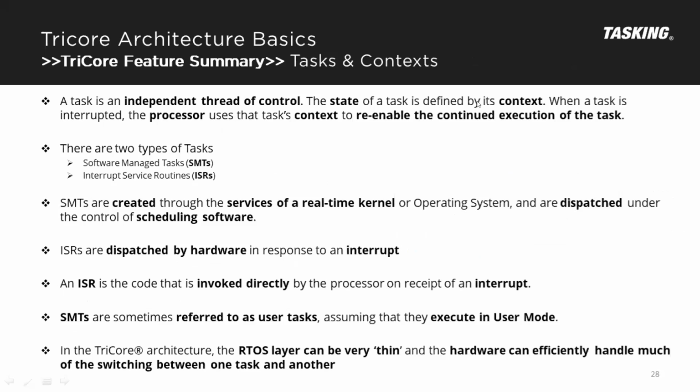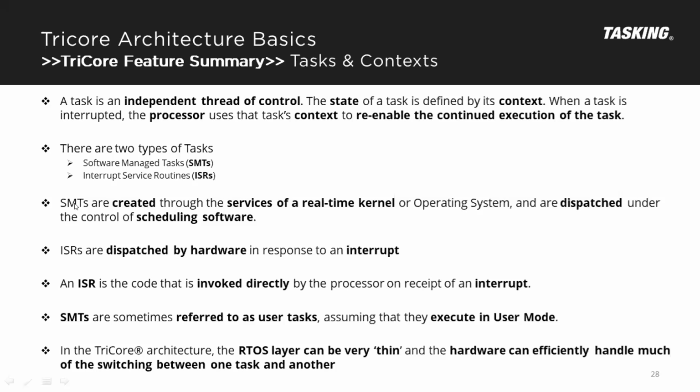The processor needs this context in order to re-enable the execution of a certain task. There are two categories of tasks: SMTs and ISRs. SMTs stand for software managed tasks, and ISRs are interrupt service routines. So these are the two different types of tasks.